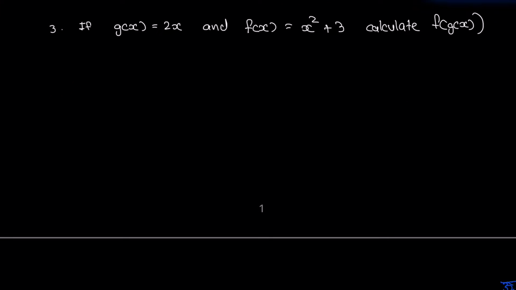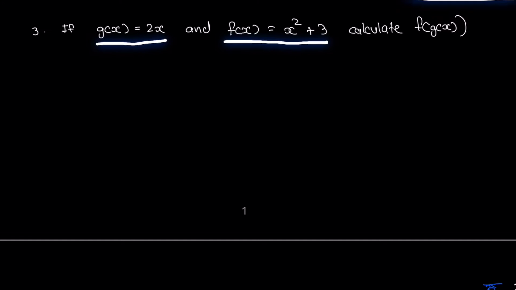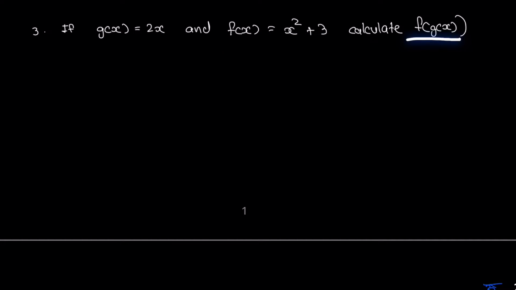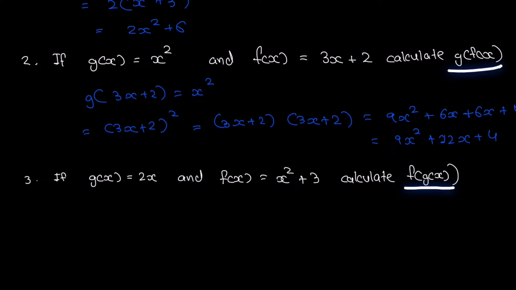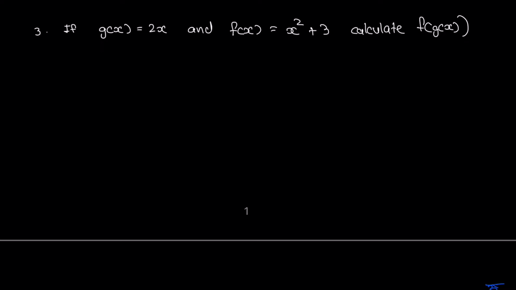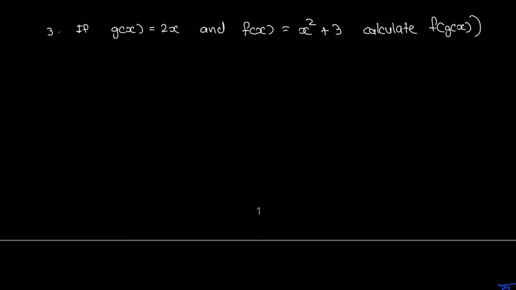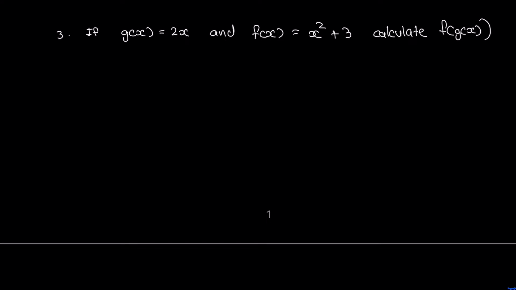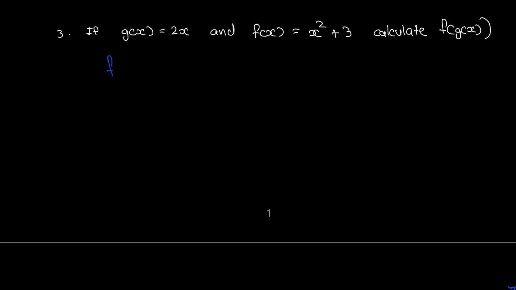Next question: if g of x is equal to 2x and f of x is equal to x squared plus 3, they want us to calculate f of g of x. See how this is different? This time it's f of g of x, before it was g of f of x. So now instead of putting f inside g, we put g inside f. We put f on the outside, and then we put this g of x value, 2x, inside the bracket.